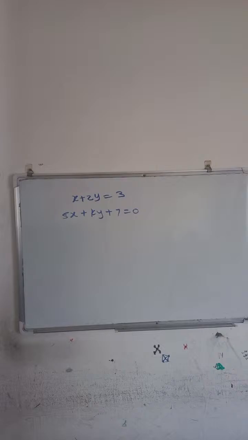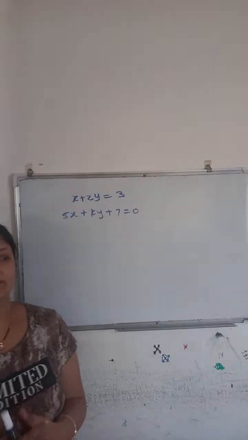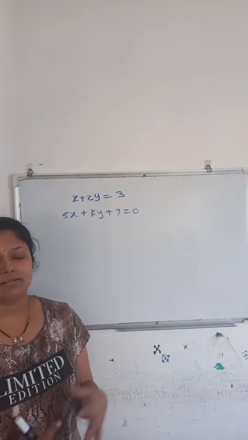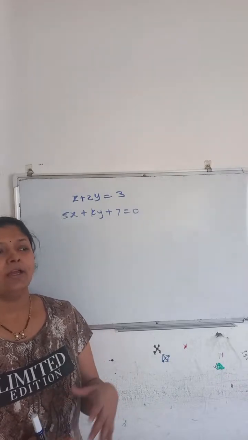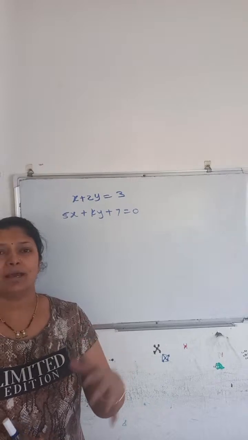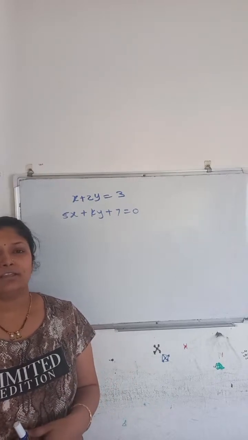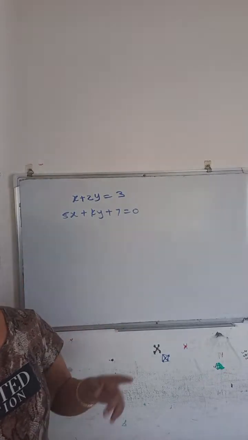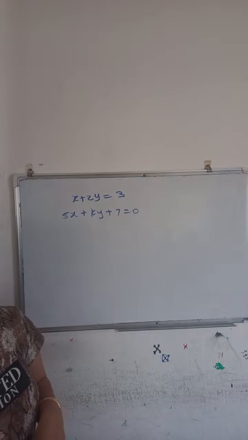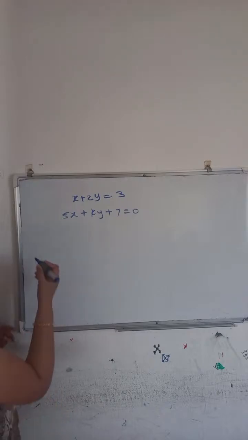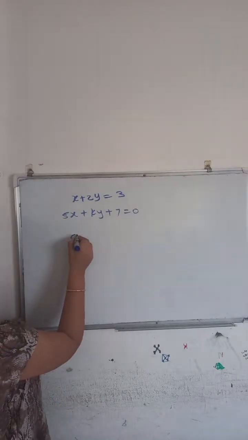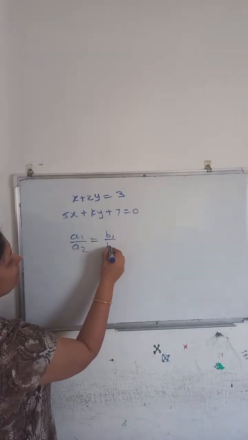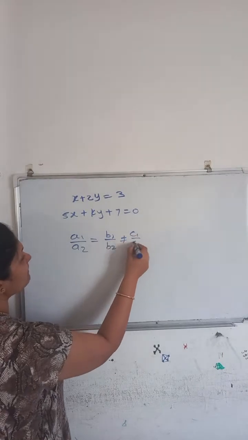Okay, so we already discussed what is consistent and what is inconsistent. Here they are saying inconsistent means they are parallel, and consistent means overlapping lines as well as intersecting. So here inconsistent means it is parallel, and again we are taking the same condition: A1 by A2 is equal to B1 by B2 is not equal to C1 by C2.